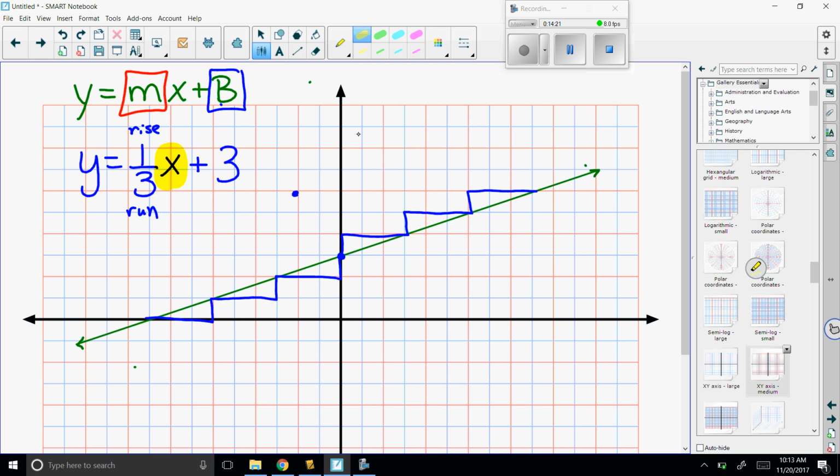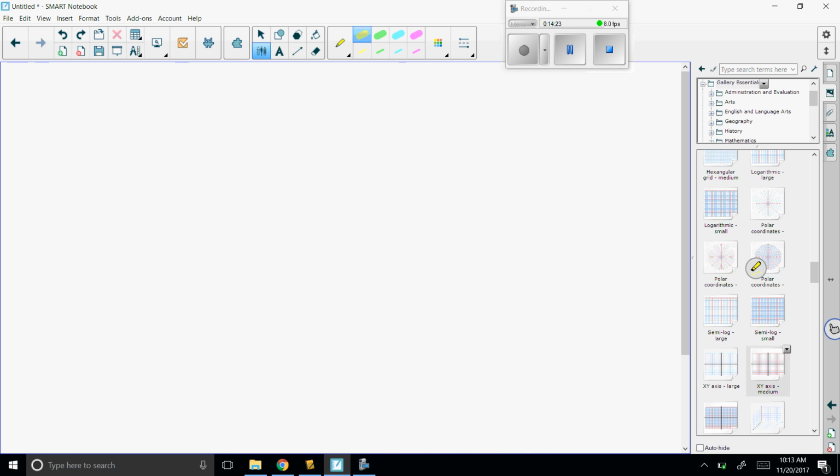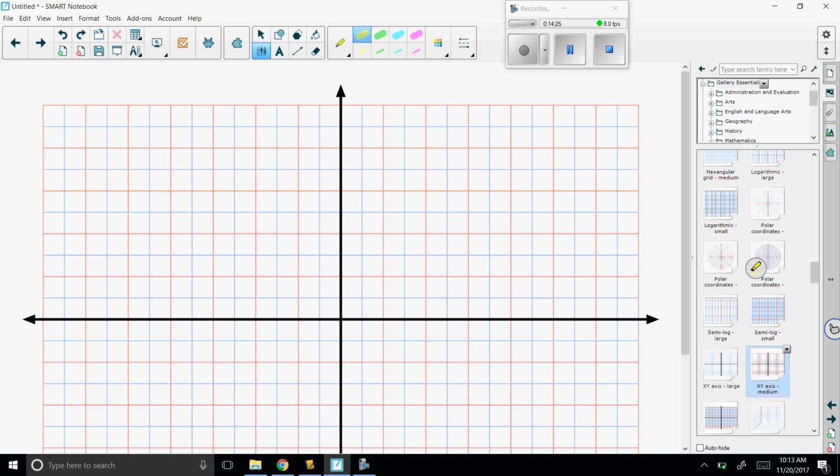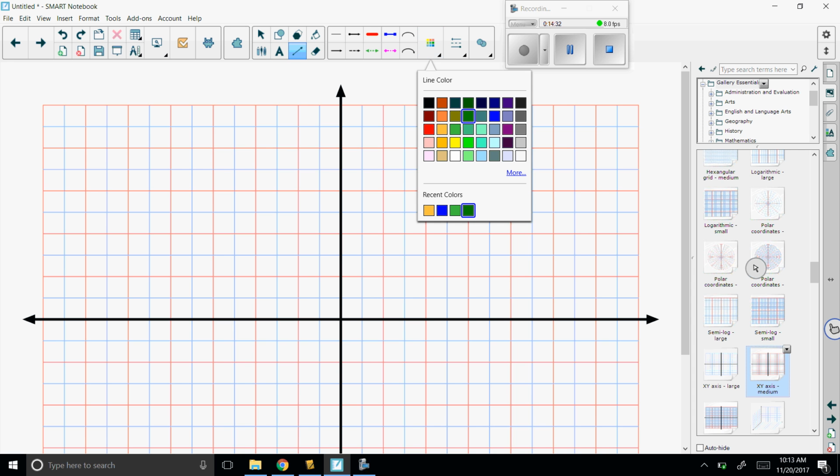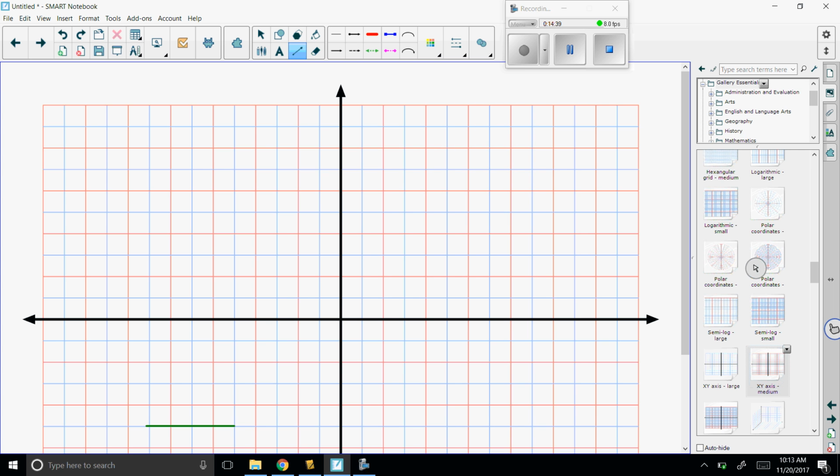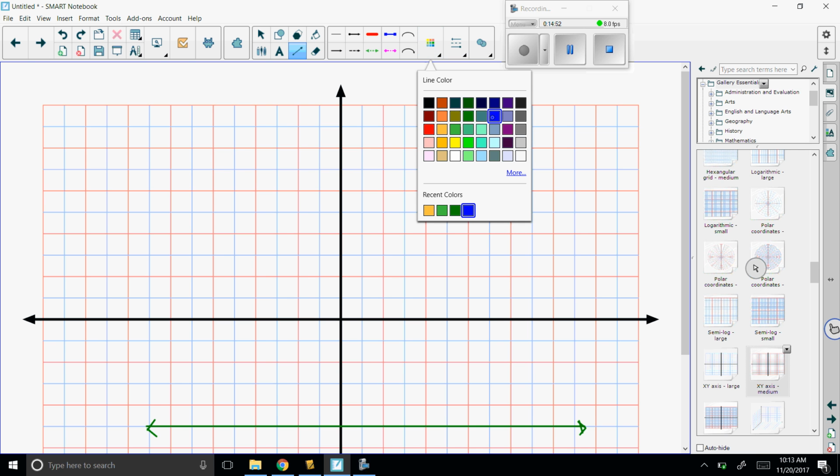All right, let me give you another example and then we'll be good. Well, we might put 2 lines on here. Oh, that's not what I want. I want this. Okay, the first line, I want you to write the equation for the graph of the green line, and I'll put a blue line in there.